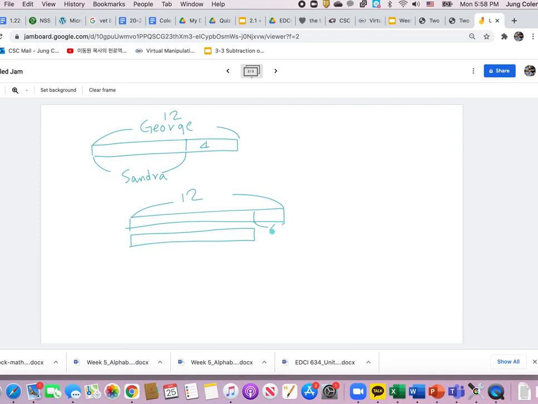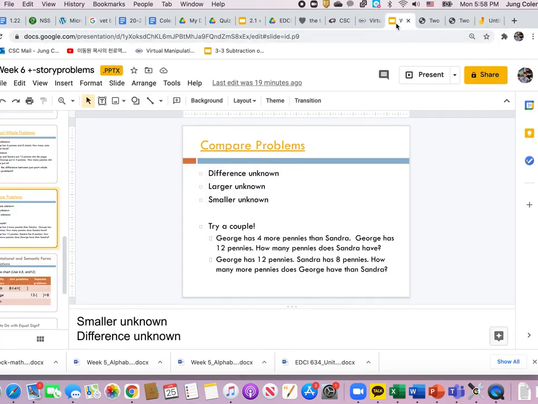So that is 4 more. Then you can compare the length here with this and say how much here is the same as how many Sandra has here, right? These two are exactly the same amount, and students can find that as 8. And that is a compare problem where the smaller number is unknown.